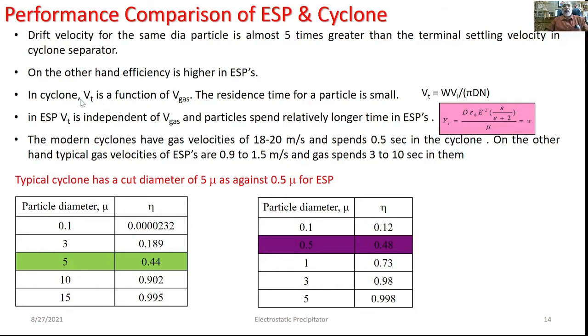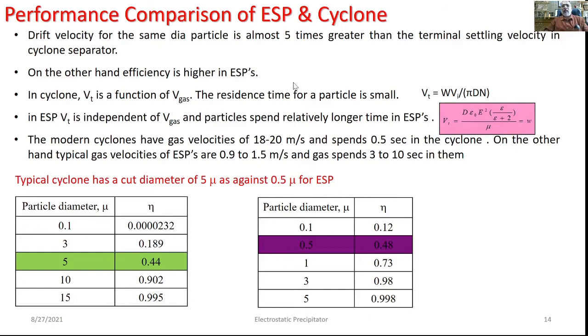As we discussed about the cyclone, the terminal settling velocity was given by WVI divided by pi dn. Here, this terminal settling velocity is a function of inlet gas velocity, which is the average gas velocity.